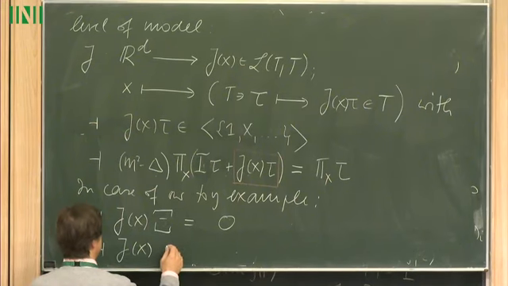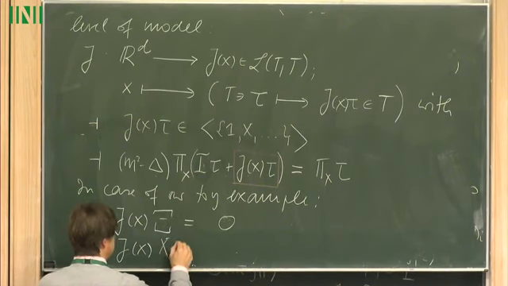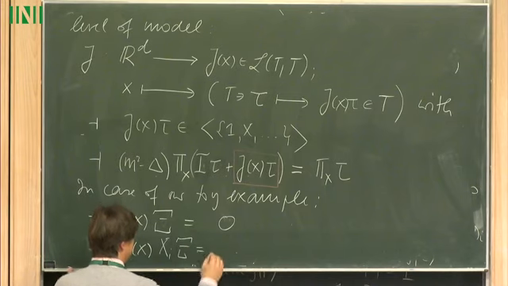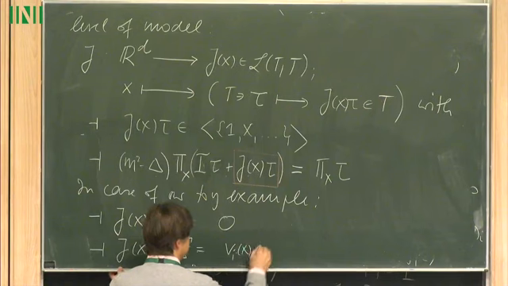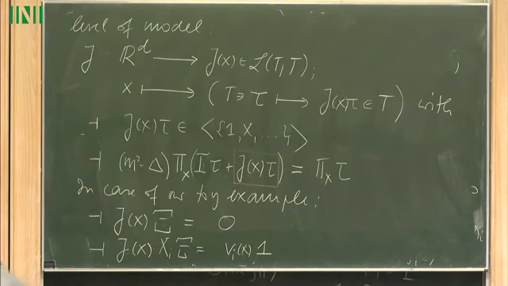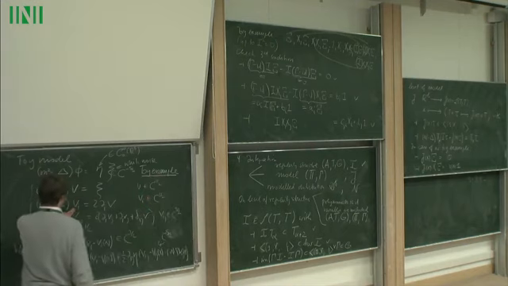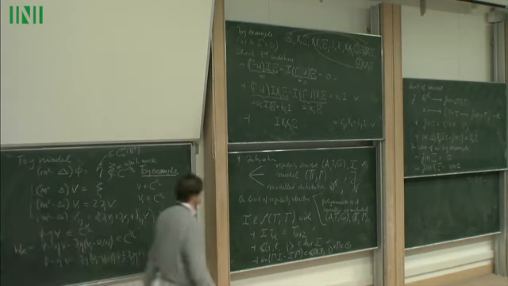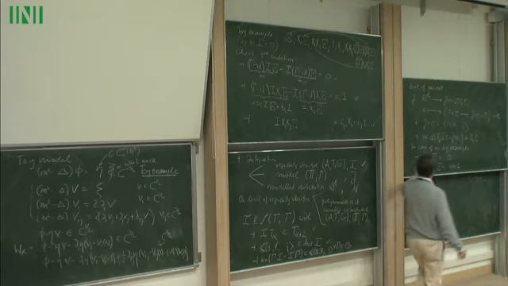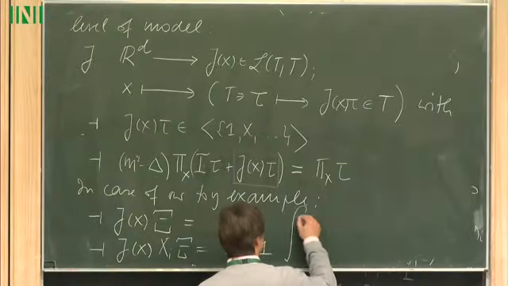J of x applied to xi times xi is v_i of x times 1. So again, even if you didn't like the introduction of these functions, they would come back at us now because they appear in this structure.